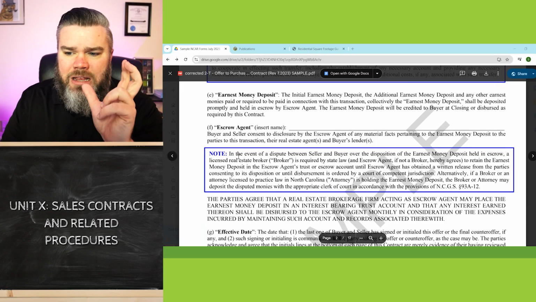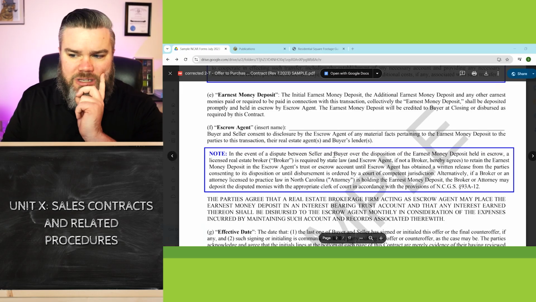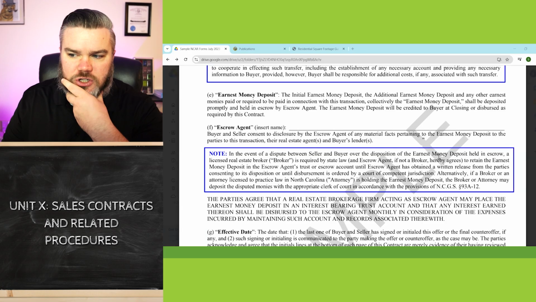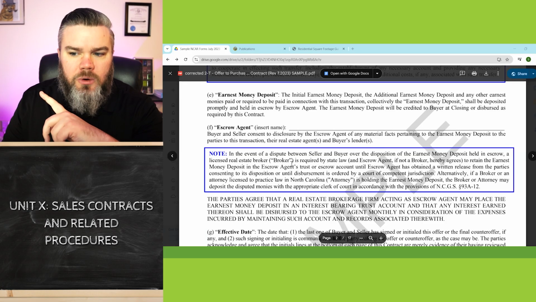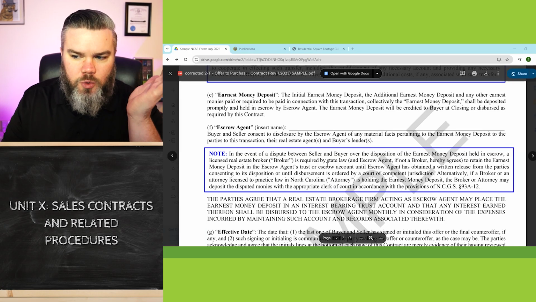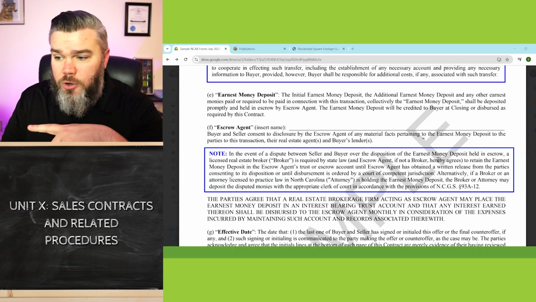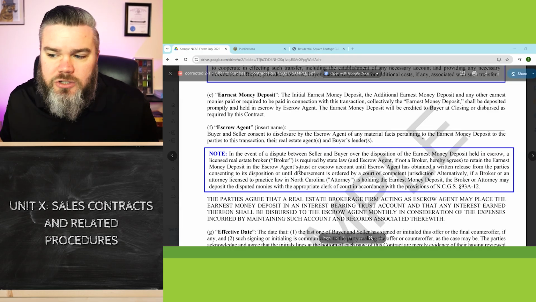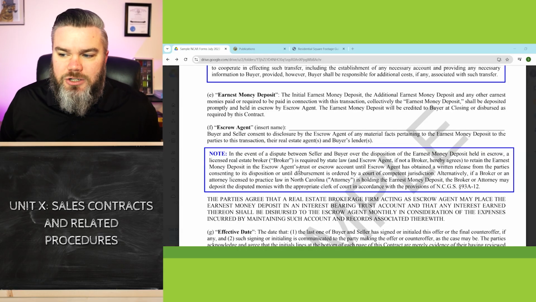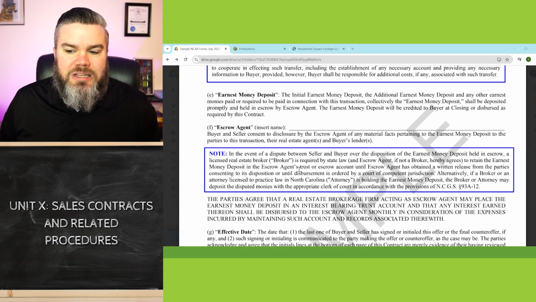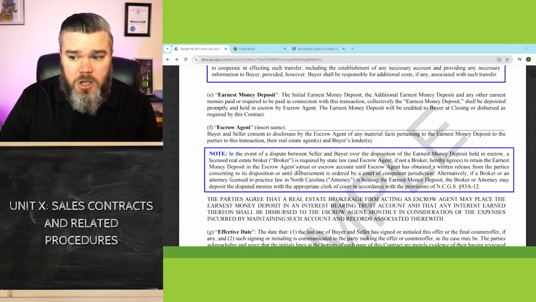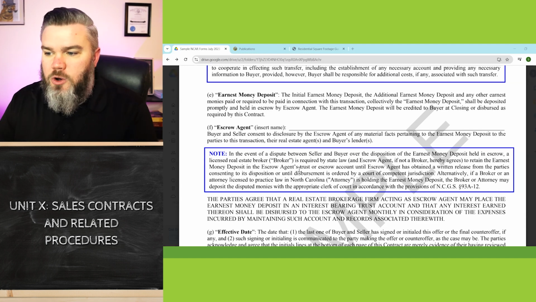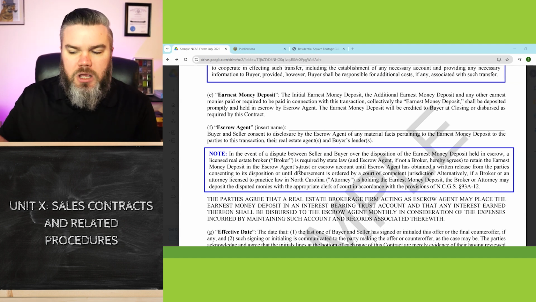It says, in the event of a dispute between seller and buyer over the disposition of the earnest money deposit held in escrow, a licensed real estate broker is required by state law, or an escrow agent, if not a broker, agrees to retain the earnest money deposit in the escrow agent's trust or escrow account until the escrow agent has obtained a written release from the parties consenting to its disposition, or until disbursement is ordered by a court of competent jurisdiction.